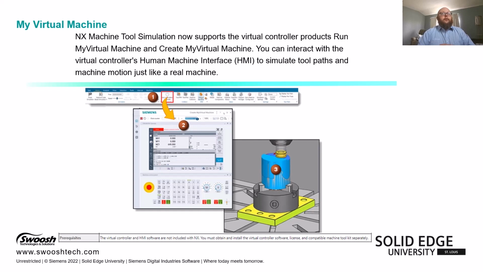So if there were any differentiators between software, your digital version and your physical version, this really closes a lot of those gaps and takes things to the next level of accuracy, to really understand what's happening in the physical world on your machine tool.